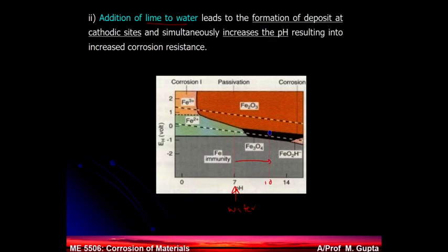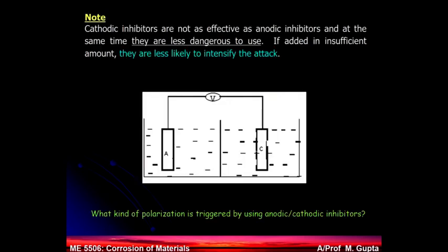When you shift from here to here, you are going from the corrosion zone to the passivity zone. Passivity zone means formation of an oxide layer. And once you reduce the cathodic area, corrosion goes down.